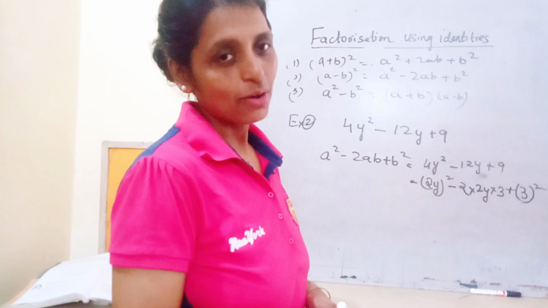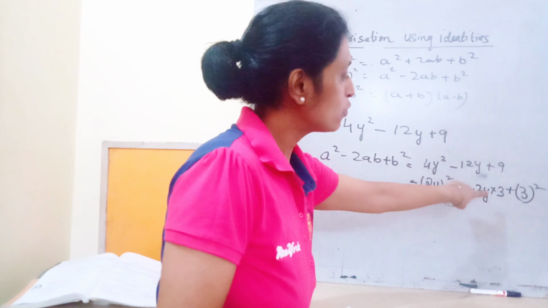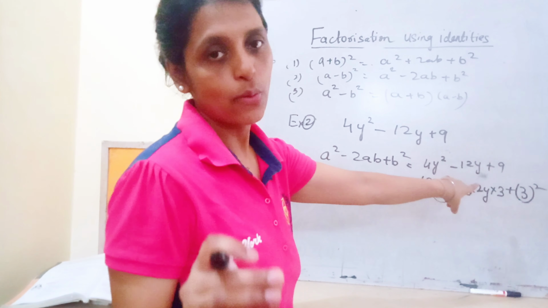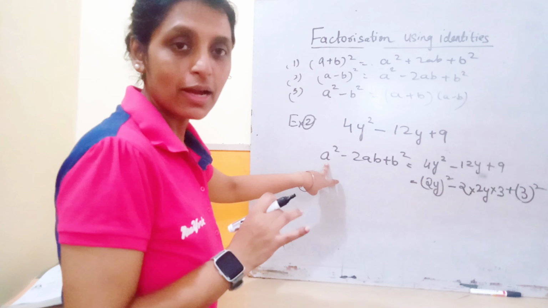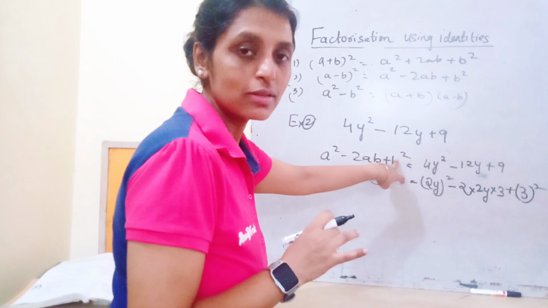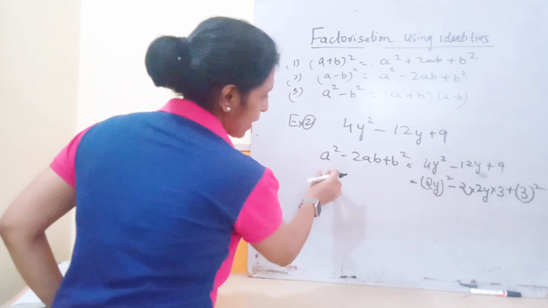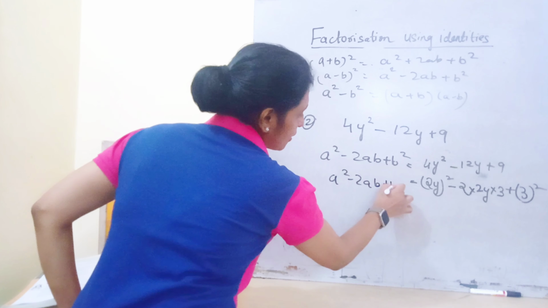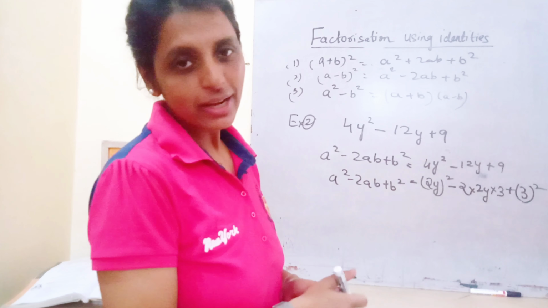Okay. Now (2y) whole square minus 2 into 2y into 3 plus 3 square. Okay, 3 square. Now it can be compared with a square minus 2ab plus b square. Okay. Now children, we can compare this identity with the expansion of this algebraic expression.